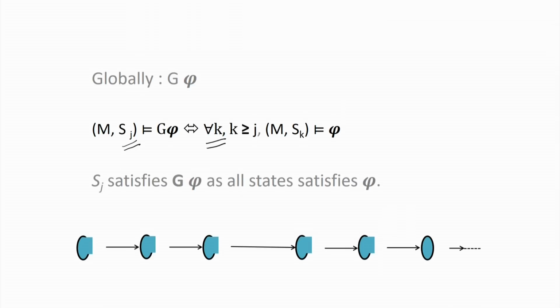Now, in this particular case, say this is my S j, and phi is true over here, phi is true over here, phi is true over here. But now, can you say whether G phi is true at that particular point?